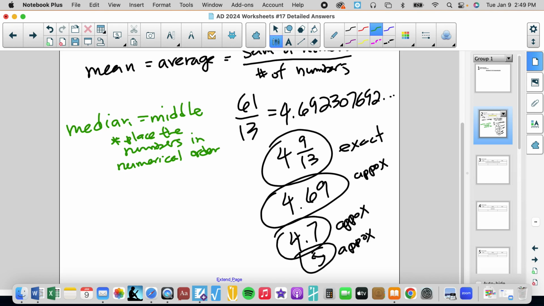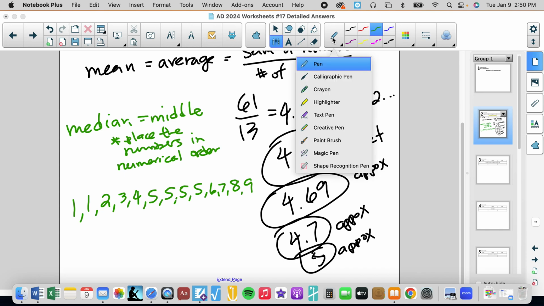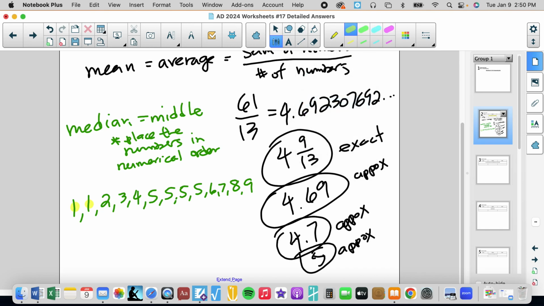So when we have those numbers, we're going to want to do 1, 1, 2, 3, 4, 5, 5, 5, 5, 6, 7, 8, 9. And I'd count them. Again, I'd make sure I still have 13. That's the best way to do it. 1, 2, 3, 4, 5, 6, 7, 8, 9, 10, 11, 12, 13. So I know that I did it right.